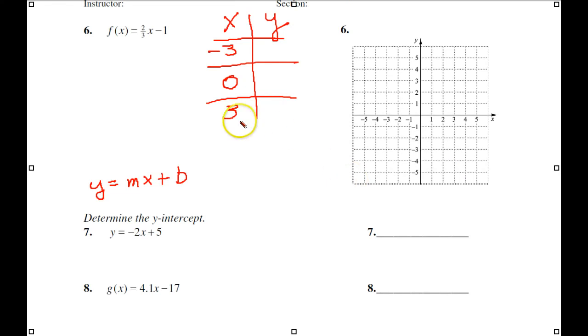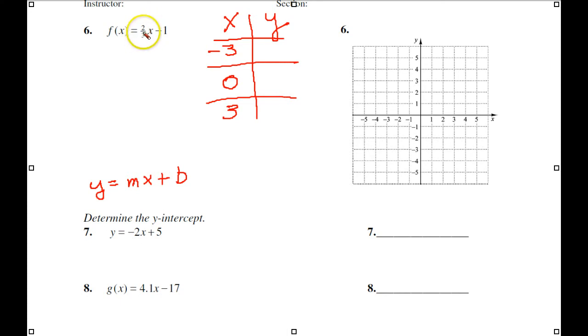Now, as we go on to example 6, we've made our t-chart, but notice this time I didn't put in a -1 and a +1. I put in a 3. And you might say, why did I do that? Well, take a look at this. When I see my slope is a fraction, in order to get nice whole numbers, it's always good to use multiples of our denominator.